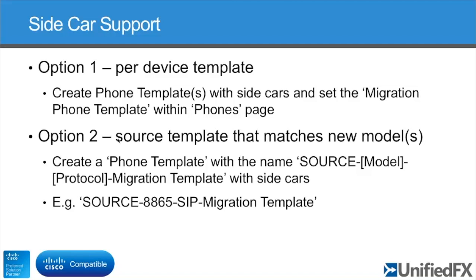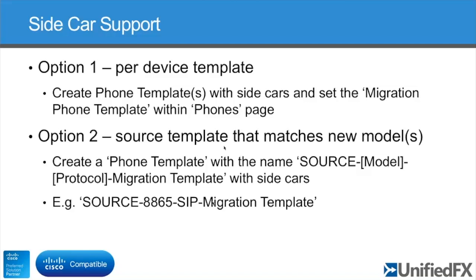The second option you have is if you don't want to go down to the per device level, we've actually got a kind of cruder and simpler way, which is kind of easy to use. And this is part of existing logic we had anyway. We have a concept of what we call a source template. And a source template is part of our naming convention.